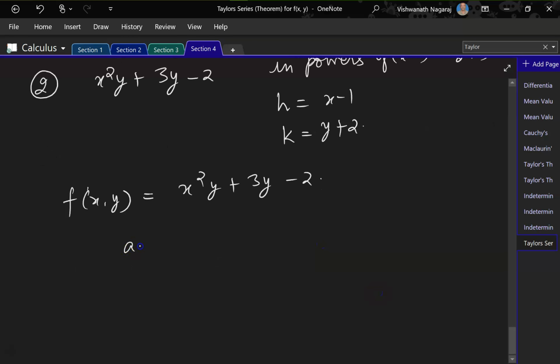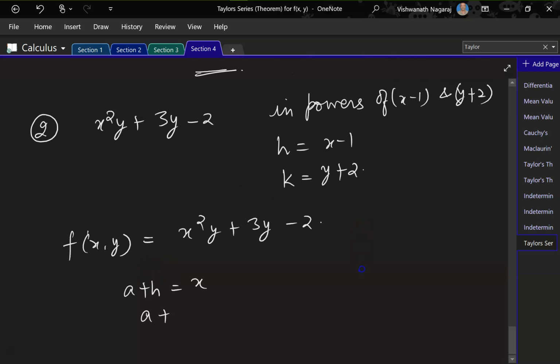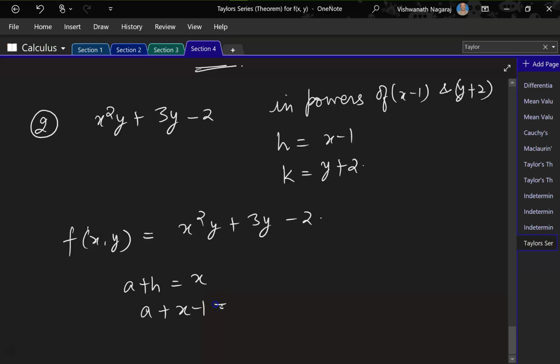So here a plus h is equal to x. So here a plus h is x minus 1. So x and x get cancelled and a is equal to 1.